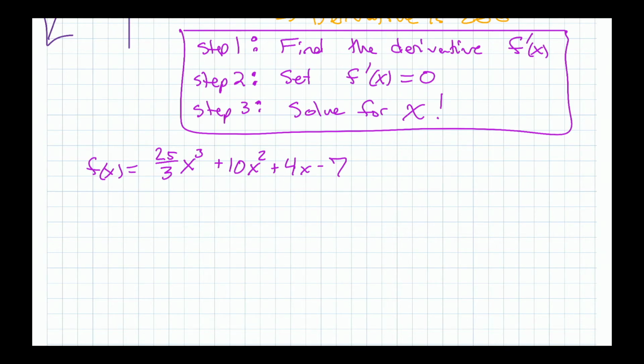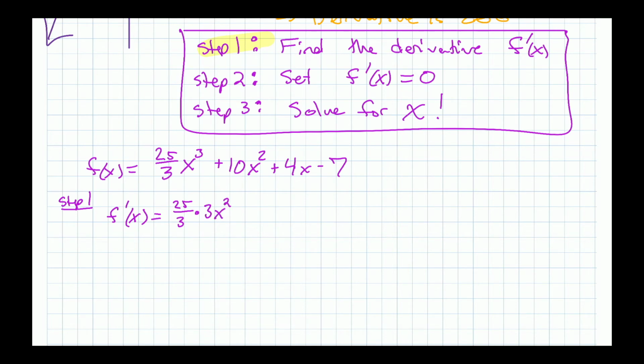Now, let's do step 1. Find the derivative. Okay? Step 1, f prime of x. Now, this is just power rule several times. So you have 25 over 3, and then what's the derivative of x cubed? 3x squared, right?